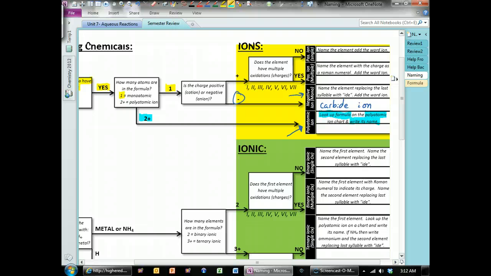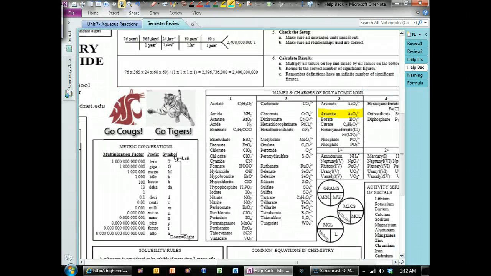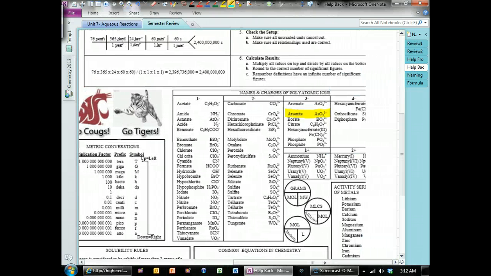It's just a matter of going to a reference chart and finding C2O4 -2. When we find it on the polyatomic ion chart, it is named oxalate. So all I have to do is write the name oxalate.